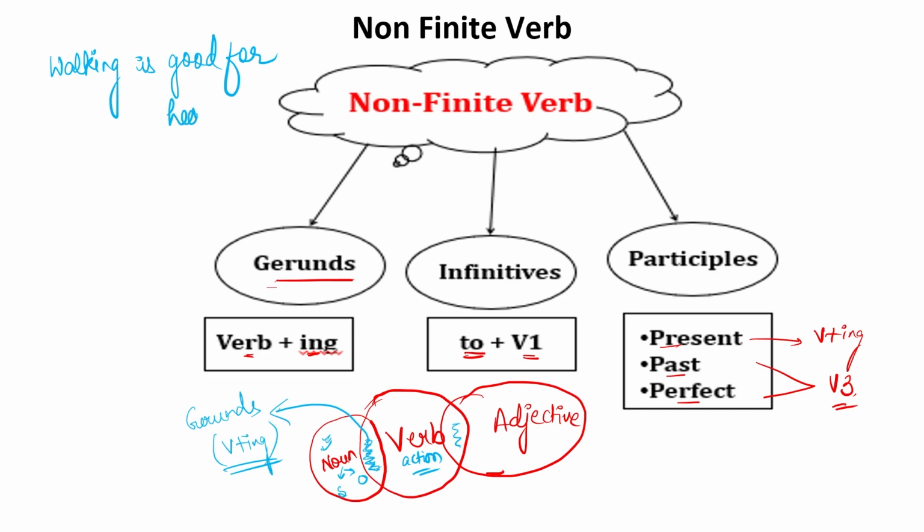Now look at this sentence. Walking is good for health. Here we have used the word walking, but it is not in action form, though it is used as a subject. So this walking is behaving like a noun because it is making a subject. Therefore, this is a gerund.